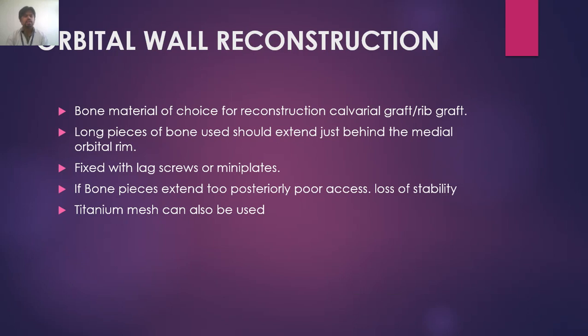Orbital wall reconstruction. Bone material of choice for reconstruction is calvarial graft or rib graft. The long piece of bone used should extend just behind the medial orbital rim. Fixed with lag screws, or mini plates can also be used. The bone pieces tend to be too posterior due to poor access. A loss of stability can occur, and at that time, titanium mesh can also be used.